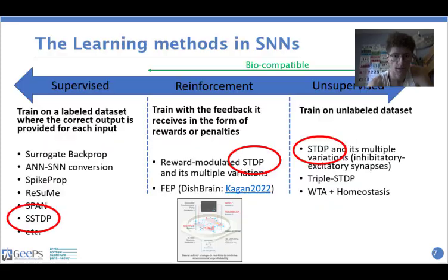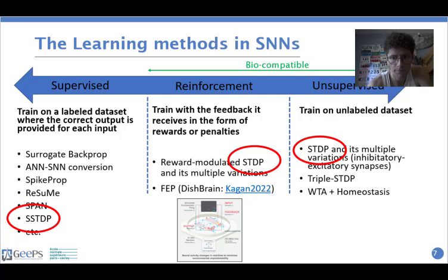And right here, I'm not going to present all of those algorithms, and by the way, it's absolutely not an exhaustive list. It's just a few learning algorithms from papers I've read recently. So you may notice here that STDP can be employed for supervised learning with, for instance, SSTDP, also for reinforcement learning with modulated STDP, or for basic unsupervised learning with STDP or with triplet STDP and so on.